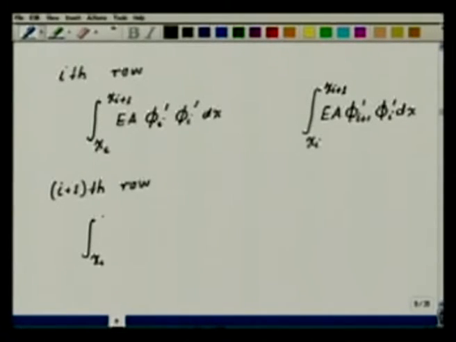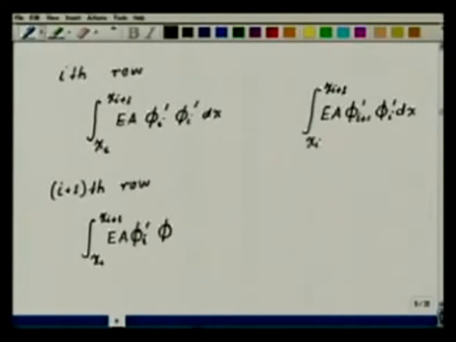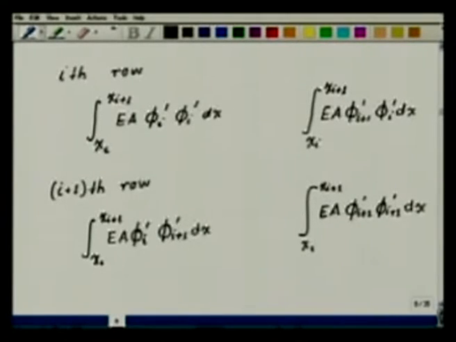The integral from xi to xi plus 1 of EA phi I prime phi I plus 1 prime dx, and the integral from xi to xi plus 1 of EA phi I plus 1 prime phi I plus 1 prime dx.